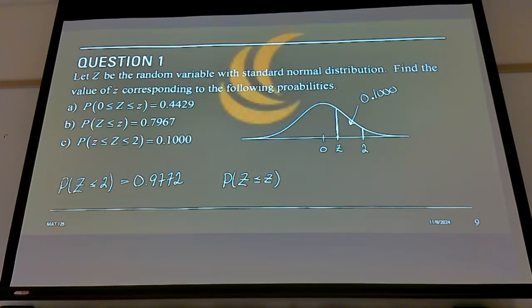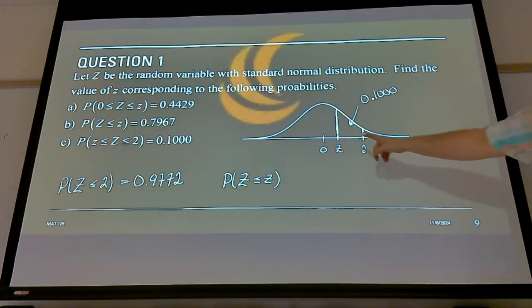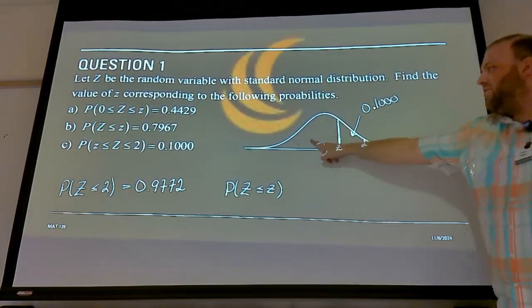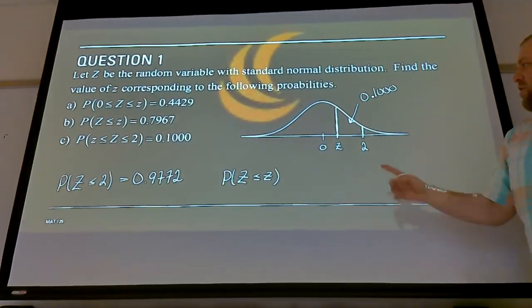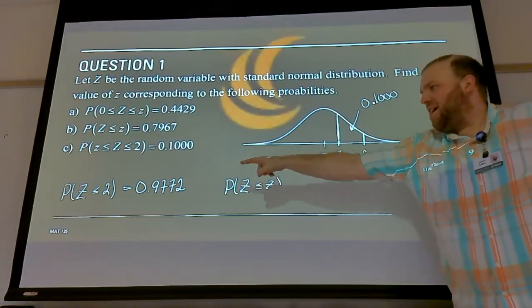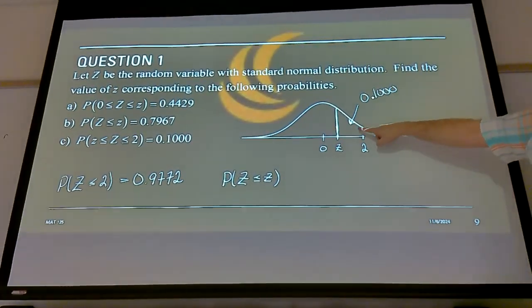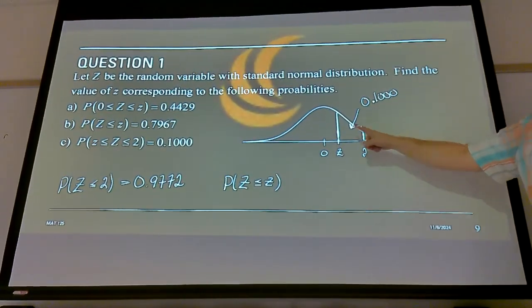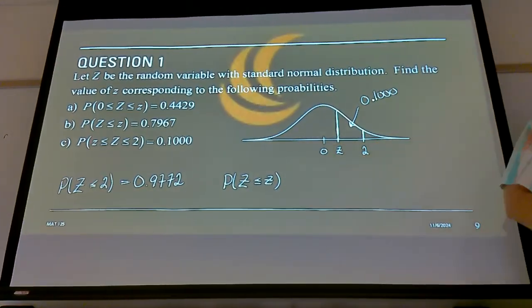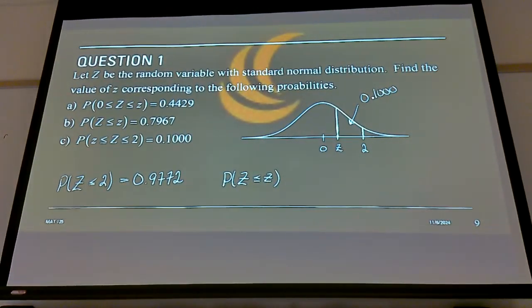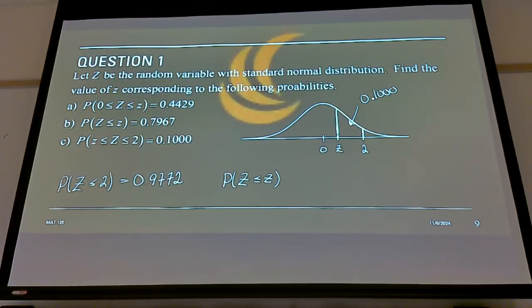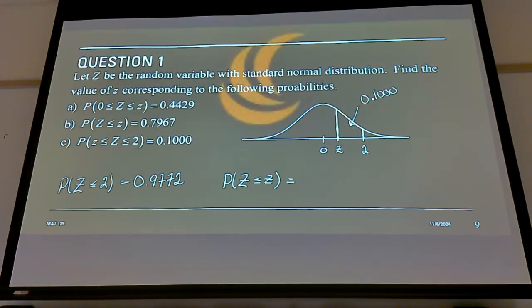This is what we need. That's the number we need to be able to read it from the chart, right? So that would be what? Just this bit, this all here, right? Well, if we know that this total area is 0.9772, and we know what this area has to be, how do you find this area? Subtract. So what is this probability?